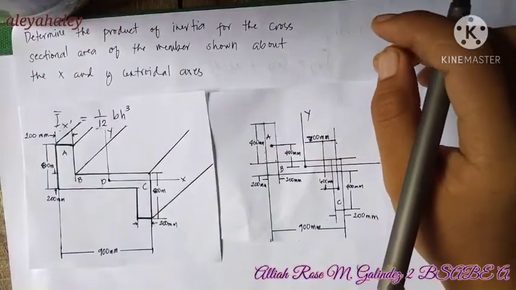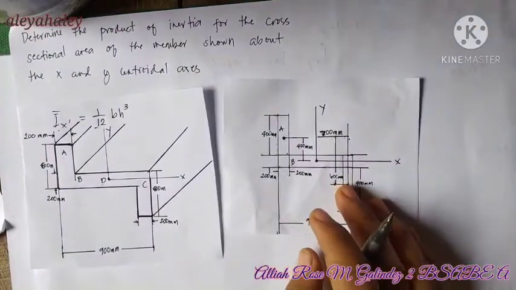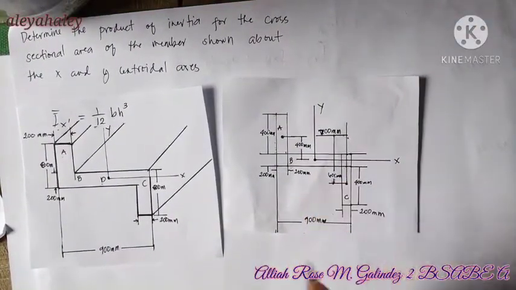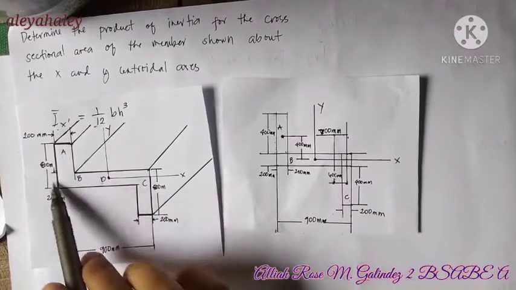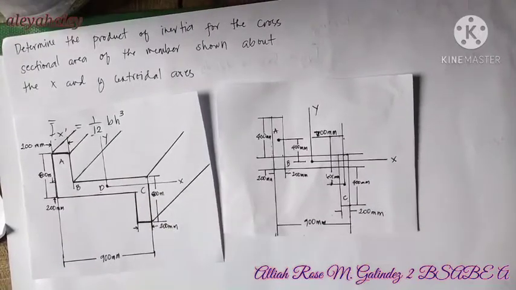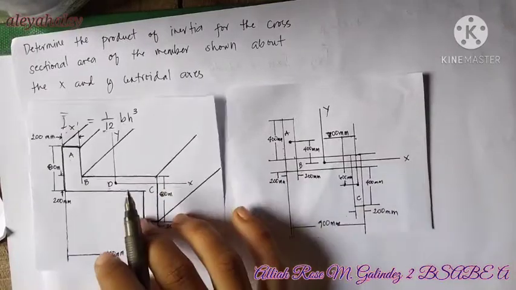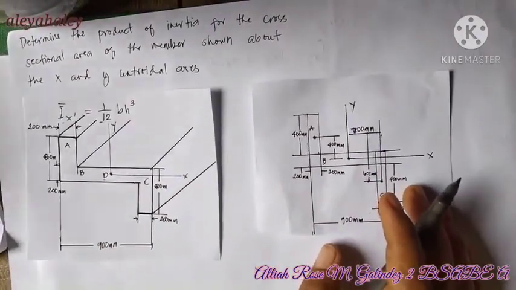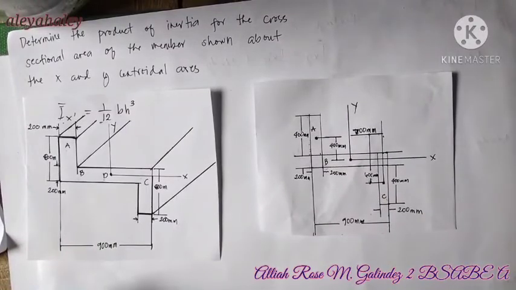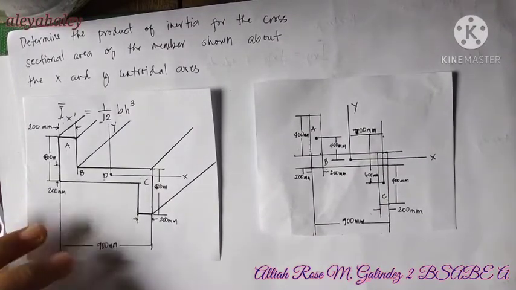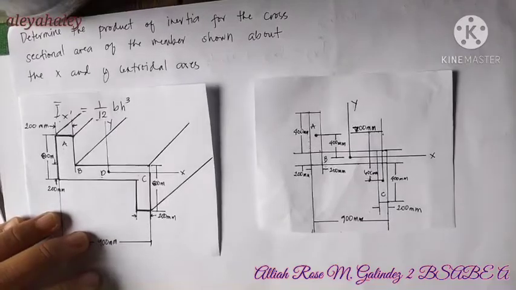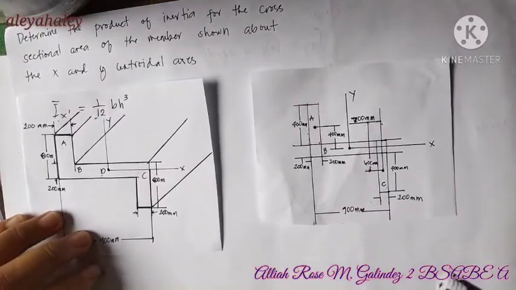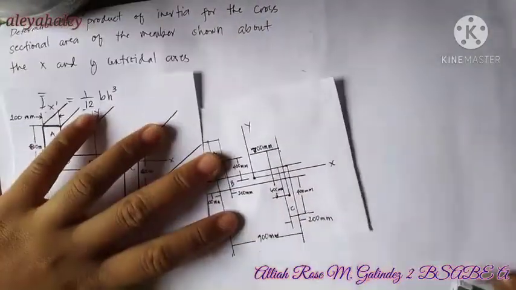The cross section can be subdivided into three composite rectangular areas, the A, B, and C. Due to symmetry, the product of inertia of each rectangle is 0 about a set of x and y axes that passes through the centroid of each rectangle.